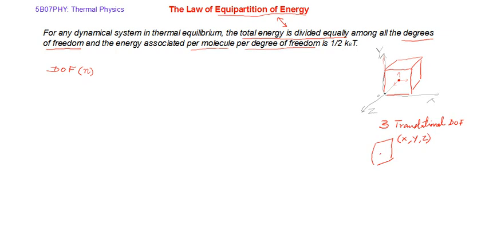In order to specify the position of the ant at any instant of time, how many coordinates, how many variables are needed? Its motion is now restricted to a plane. It can move along the y direction, or along the x direction, or any intermediate direction, which will always have 2 coordinates, let me say x and y. So in this case, this ant has 2 translational degrees of freedom.